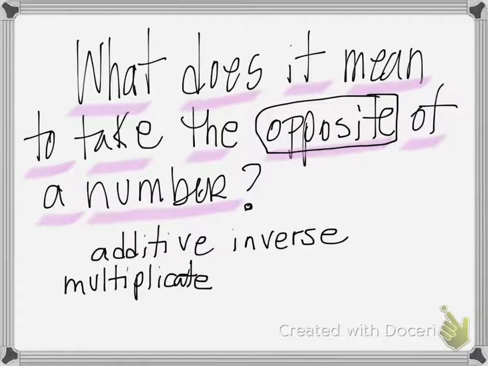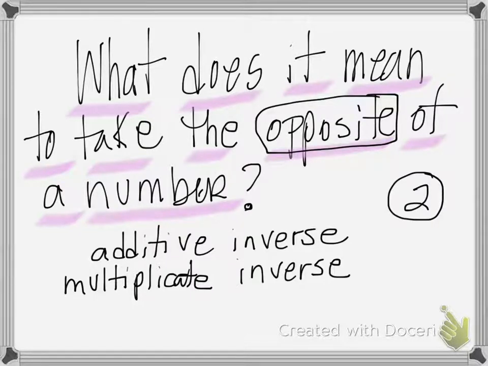So, for example, if I asked you, what is the opposite of 2? It's very easy to know that the opposite of 2 is negative 2, because that 2 and that negative 2 together are 0.